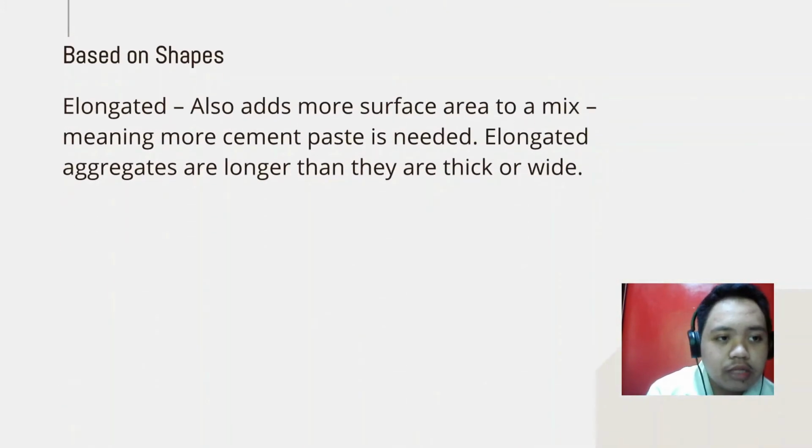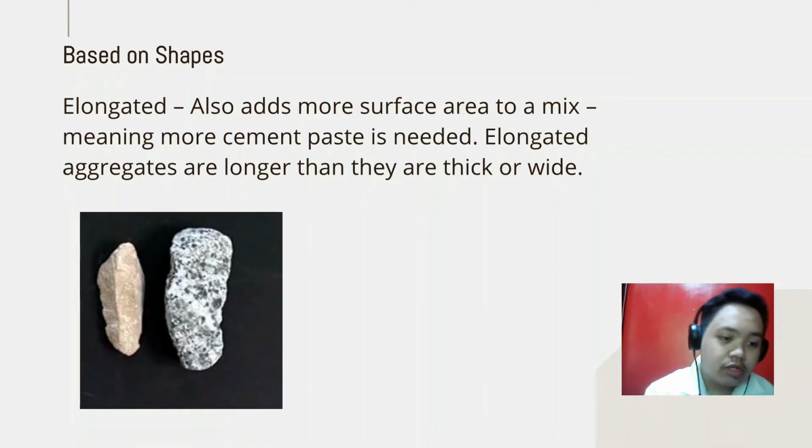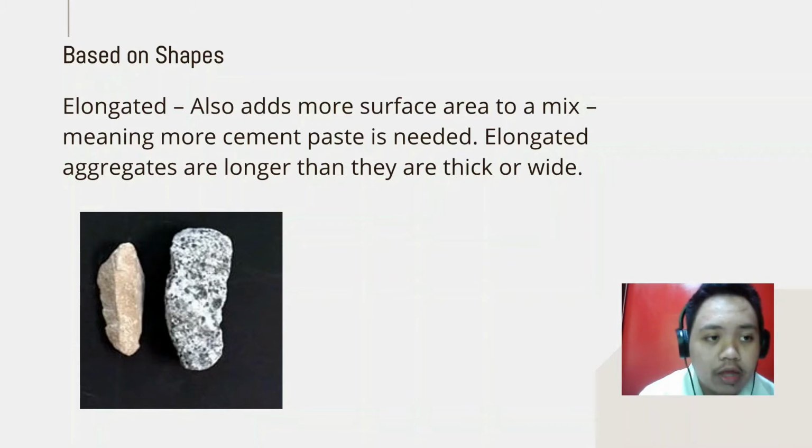So next naman natin is the elongated aggregates. So elongated aggregates add more surface area to a concrete mix, meaning more cement paste is needed. So elongated aggregates are longer than they are thick or wide. So here the images natin ng elongated aggregates is almost same siya ng flaky aggregates na nag-aagawin ng surface area space.